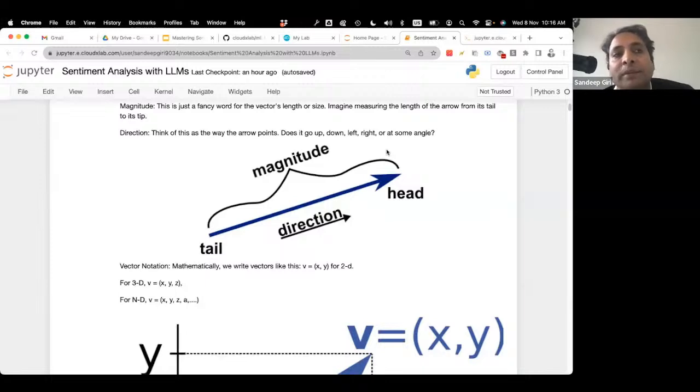Like a shape: a triangle has three corners, right? Each corner is represented by a vector, a tuple, and all of these combined together make up a shape called a triangle. That is a list of vectors, and that list of vectors is usually referred to as a matrix.